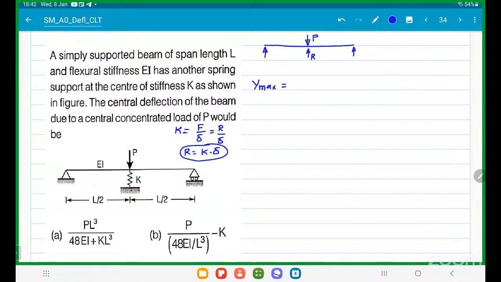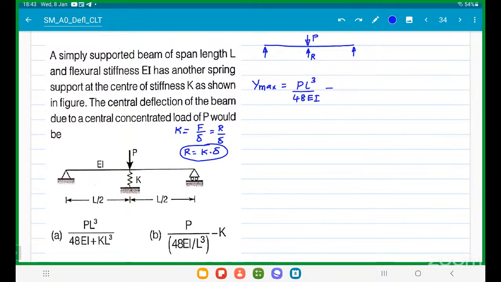Now, the maximum deflection Y is equal to the downward deflection due to P, which is P L cube by 48 EI, minus the deflection due to the reaction. What is the deflection due to reaction?